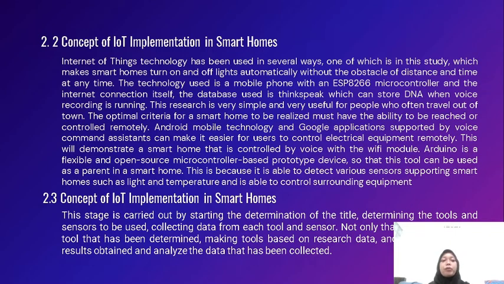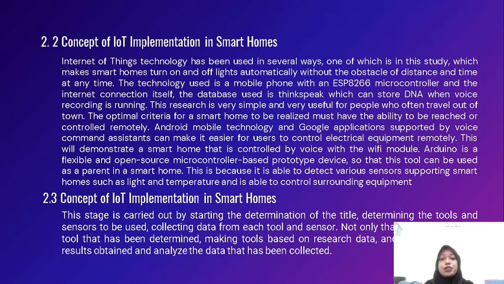Subchapter Concept of Implementation in Smart Home. Internet of Things technology has been used in several ways. One of which is in a study that makes a smart home turn lights on and off automatically, without the obstacle of distance and time, anytime.